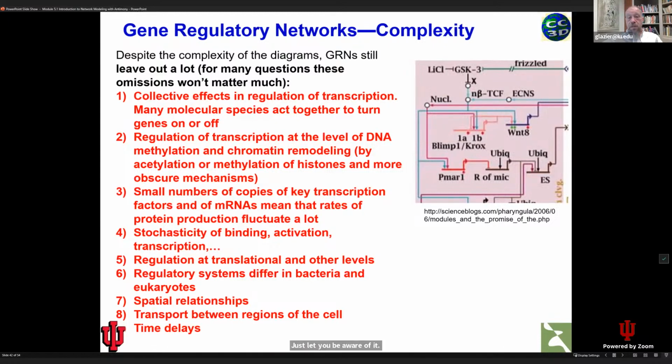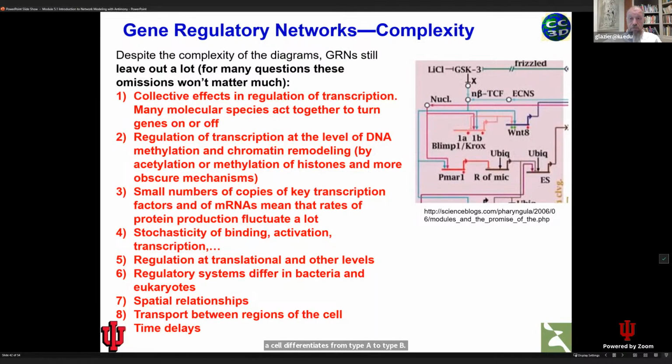There are a whole bunch of things that we're going to neglect. Collective effects, as I mentioned. One key question that has never really been answered effectively in biology is, what is differentiation? We say a cell differentiates from type A to type B. What does that mean?